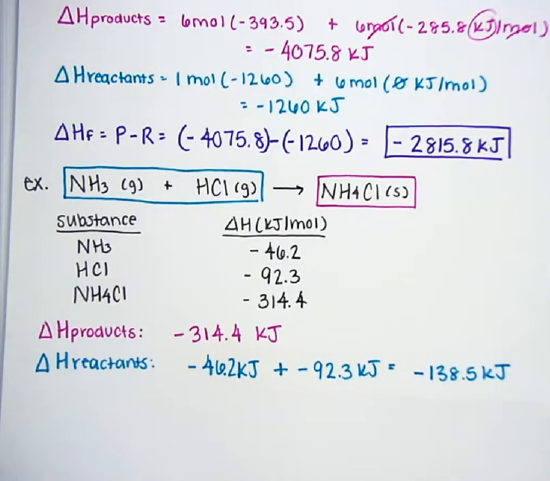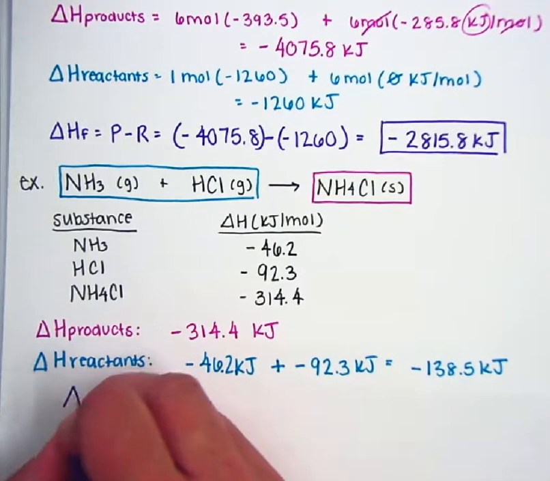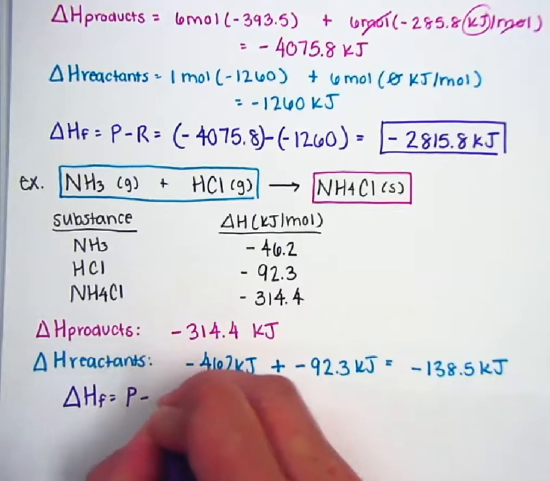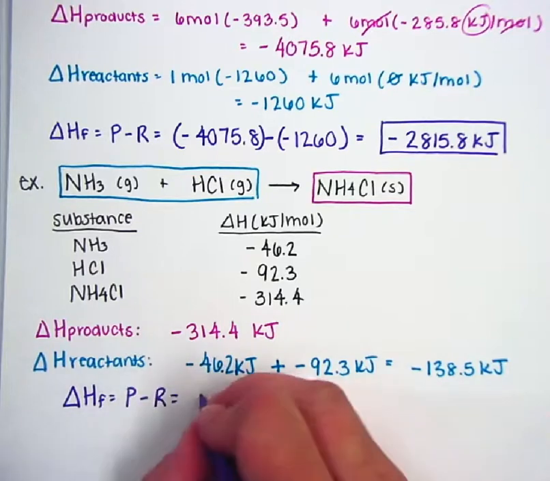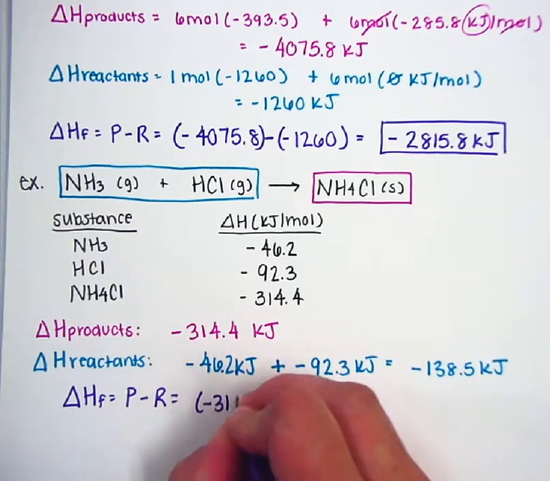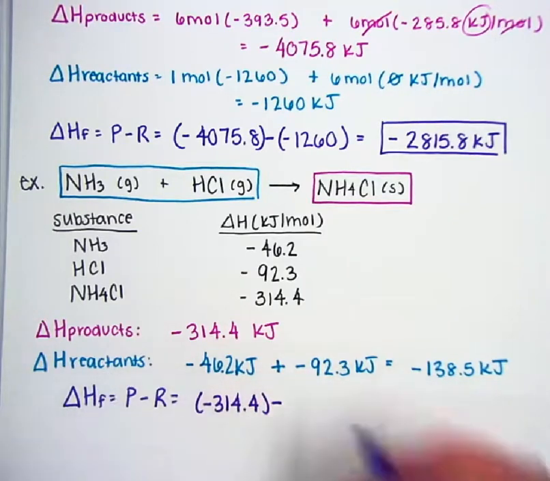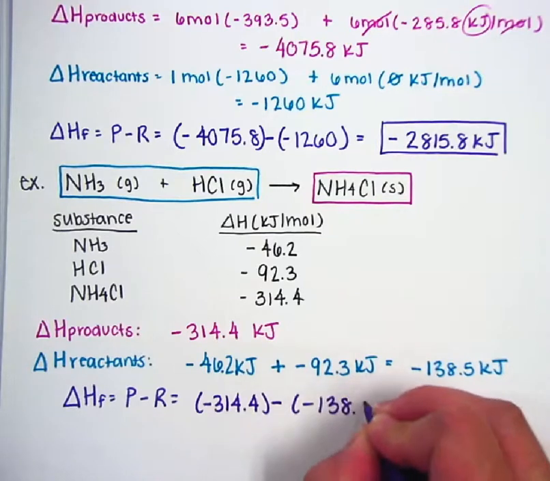So final step, if I want to calculate heat of formation, the energy change for my entire reaction, products minus reactants. So for my products, I have a negative 314.4 minus the reactants, negative 138.5.